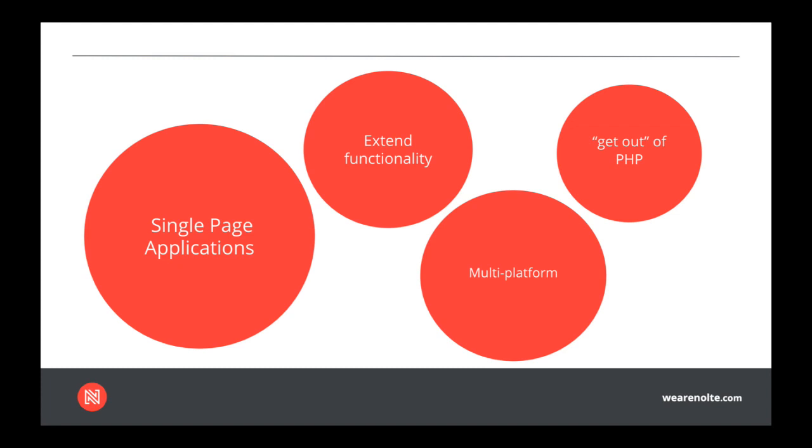Also, we can use the REST API to get out of PHP. Let's say, for example, that we want to build a website, as we said at first, but we want to use a language other than PHP, or we don't have too much experience working with PHP. So we can open the API for the installation of WordPress, and we can use any other language to manage all the information that we want to store on the WordPress system.